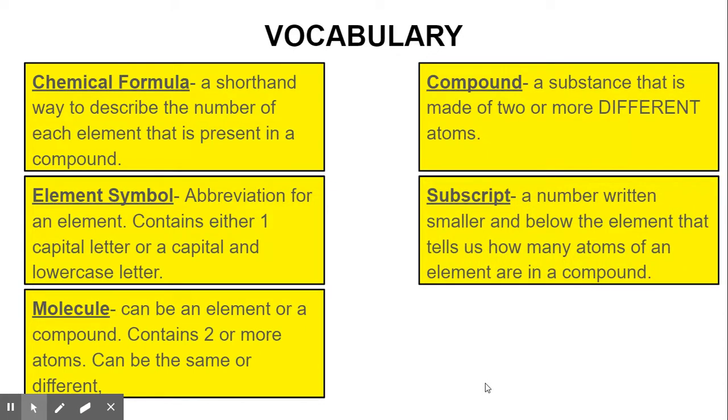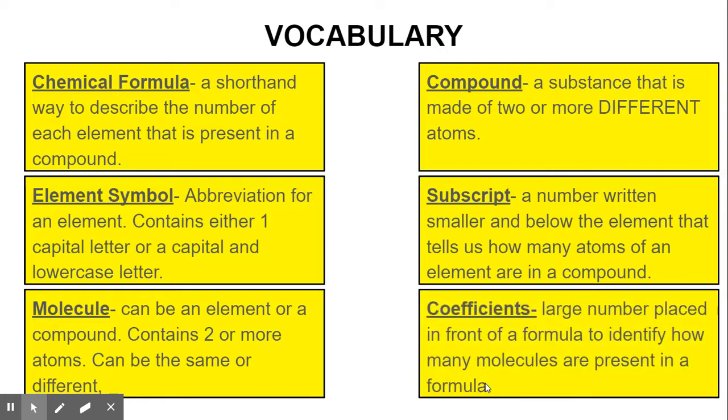A subscript is the number written in smaller print, usually below the element, that tells us how many atoms of an element are in that compound. And then the coefficients are large numbers placed in front of the formula to identify how many molecules are present.